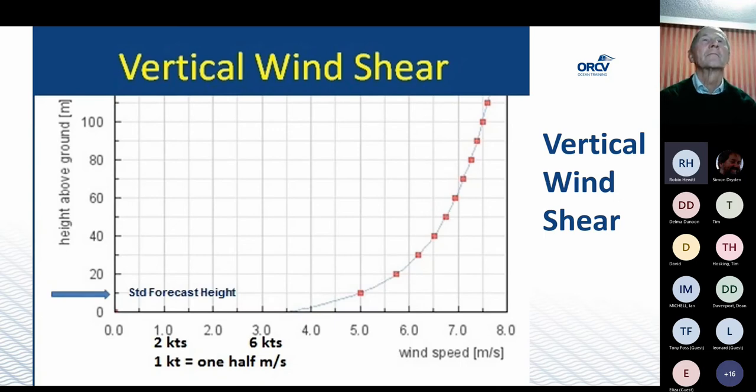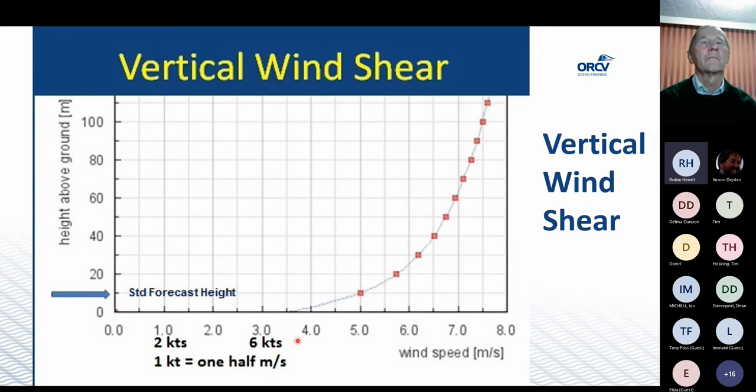Now, just looking again at the vertical wind shear graph, if you understand that, this curve keeps going down and flattens out along here. And in particular, the effect on your sails is much more pronounced as the wind speed drops.